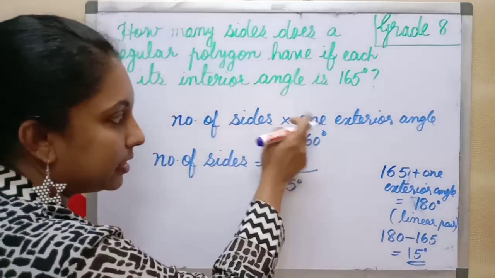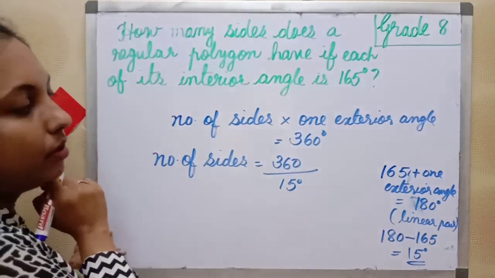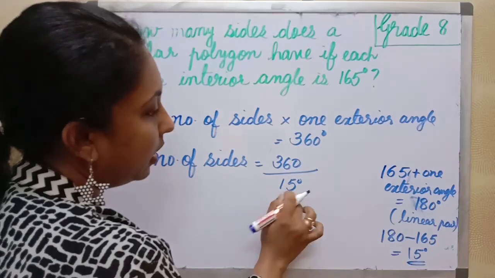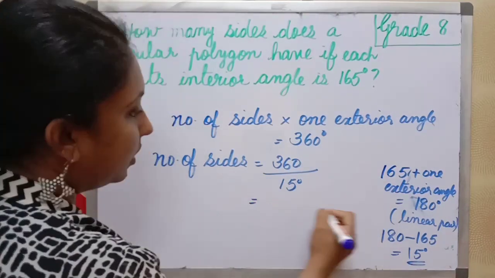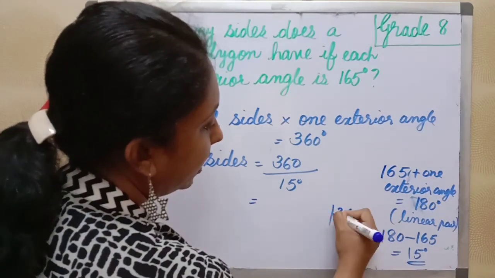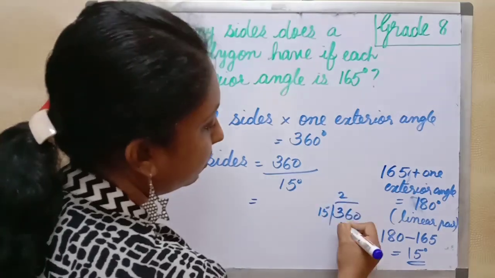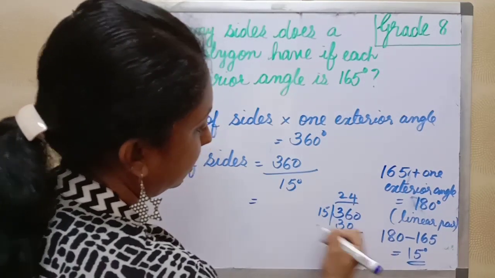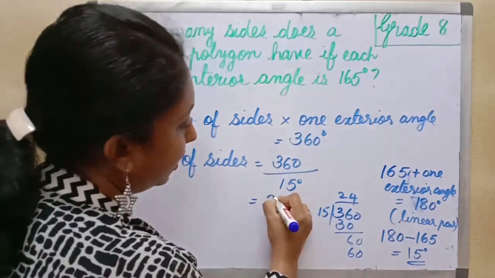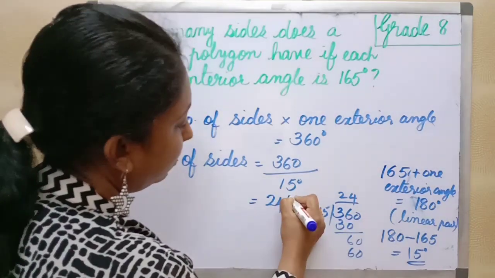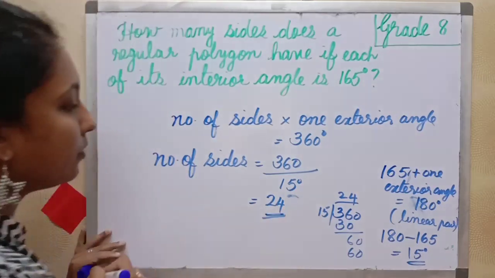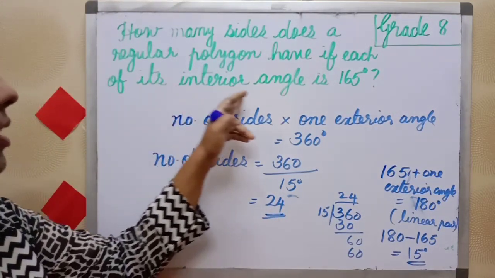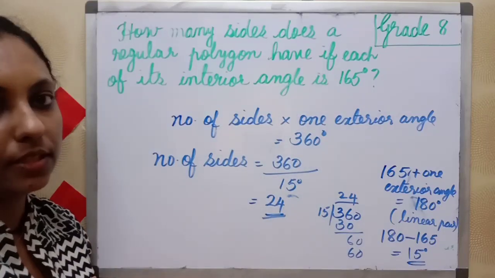So 360 divided by 15. 15 twos are 30, 15 fours are 60. So 24 sides are there. Number of sides, a 24 sided polygon, that is interior angle is 165.